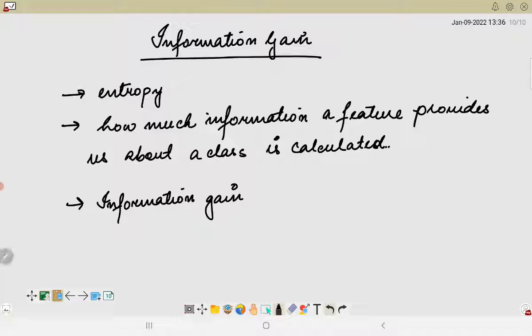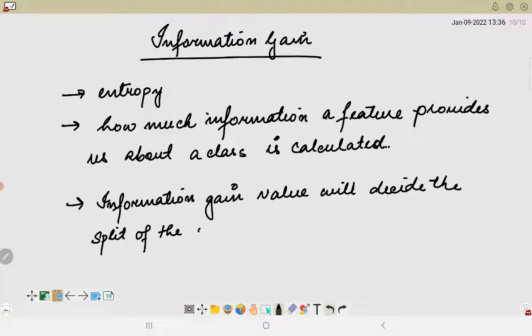So information gain value will decide the split of the node. Now this is another detailed topic which we will be discussing in our subsequent sessions.